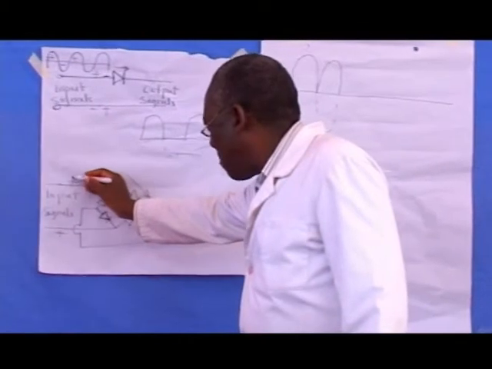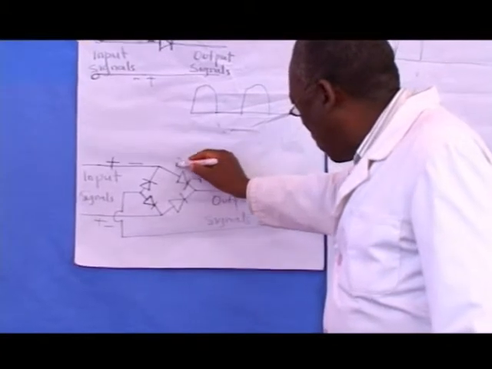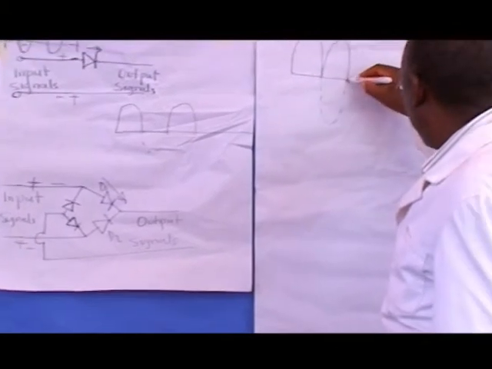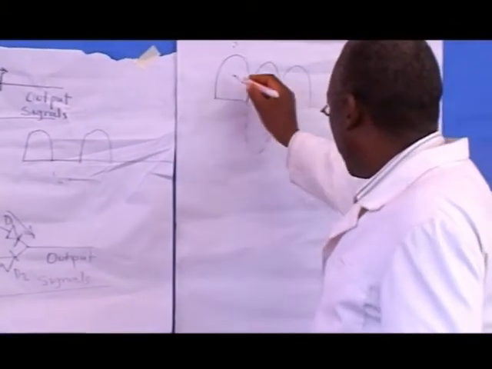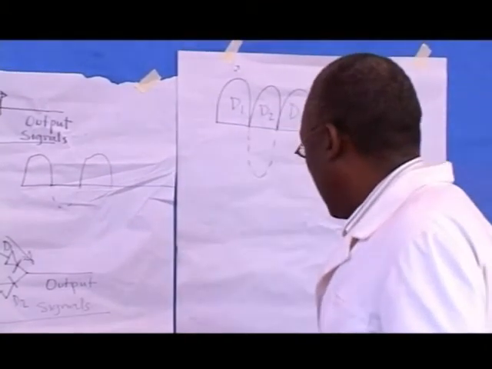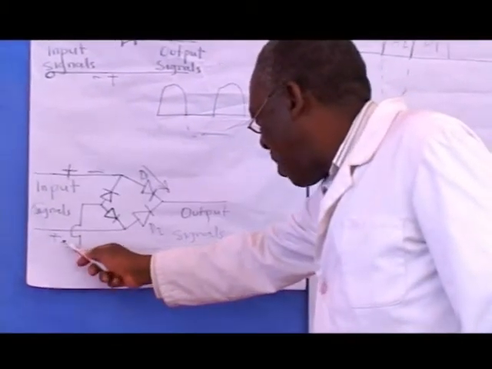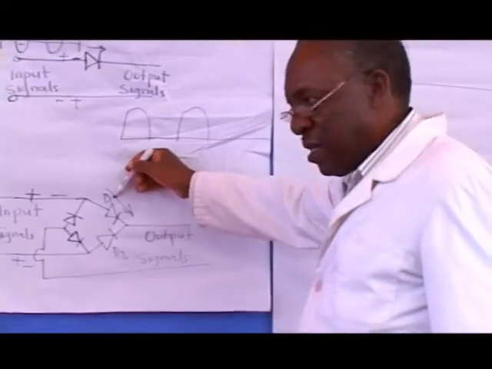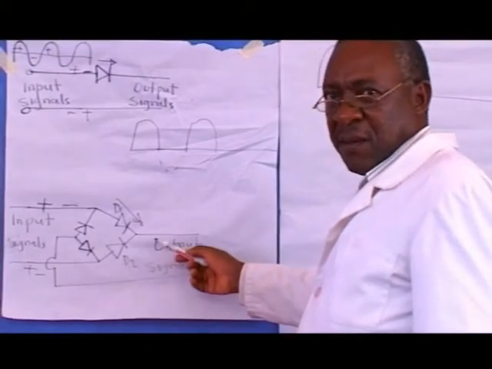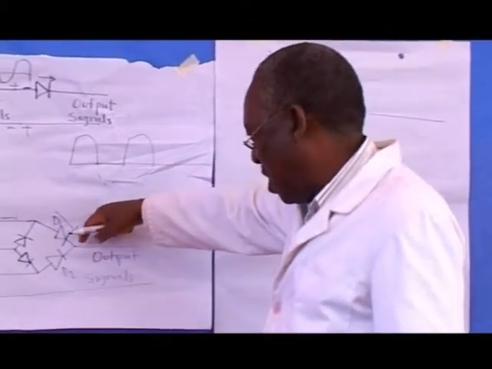Again, when the upper part is positive and the lower part negative, the upper diode, call it diode 1, passes that wave. This is diode 2. Again, when the upper part is negative and the lower part is positive, D1 is at cutoff, while D2 passes the signal, but it turns upside down to the output.